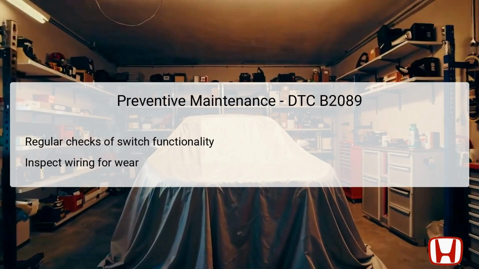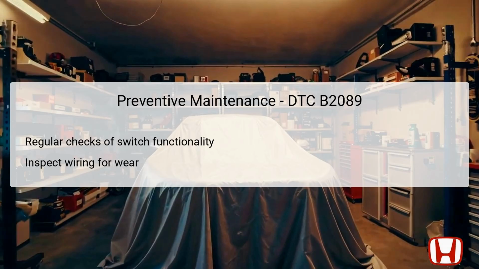To prevent future occurrences of DTC B2089, implementing a routine maintenance schedule is vital. Regular checks of the power sliding door switch functionality can catch early signs of wear or malfunction. Additionally, inspecting the wiring connected to the switch for any signs of fraying, corrosion, or loose connections will contribute to long-term reliability.